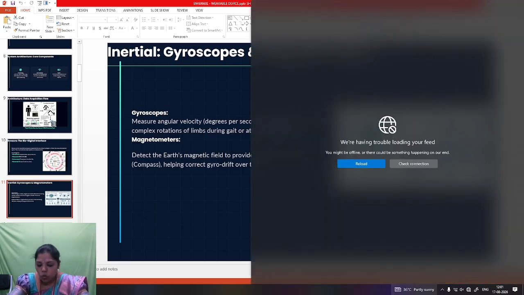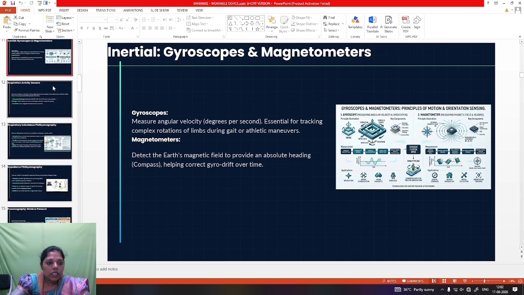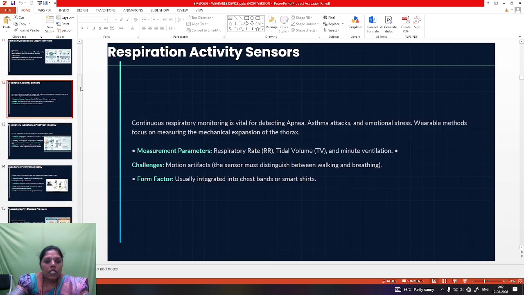Now let us move to the next slide. Respiration activity sensor. Respiration activity sensor means continuous respiratory monitoring is vital for detecting apnea, asthma attack and emotional stress.